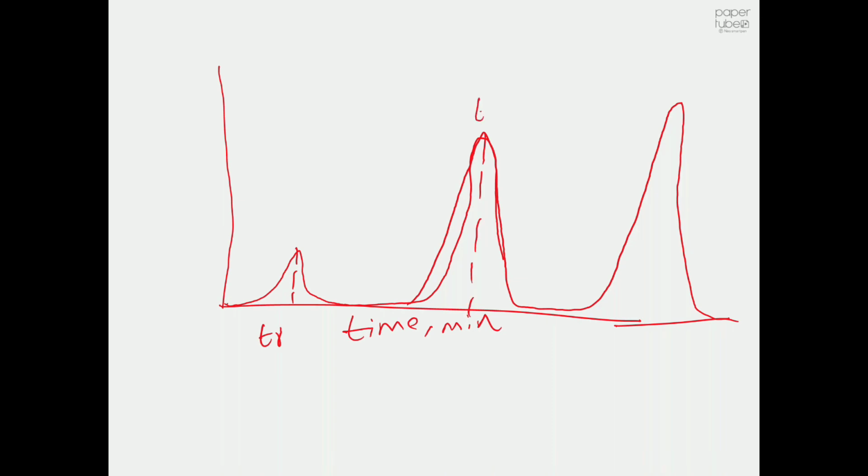So this is your tracer, or let's put TM for this, this is TRA, TRB. Let's say the column length is 40 centimeter.